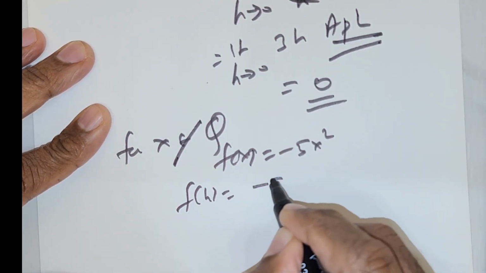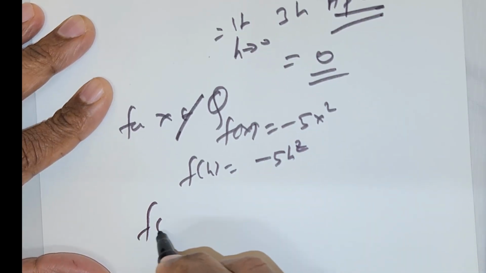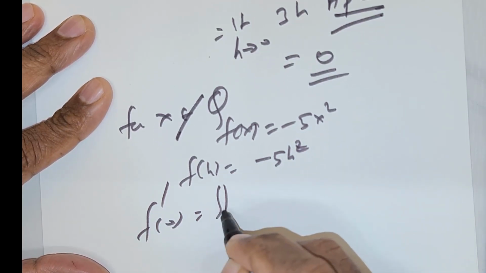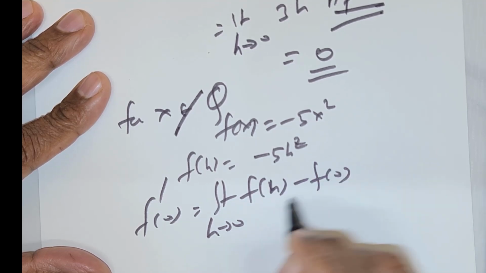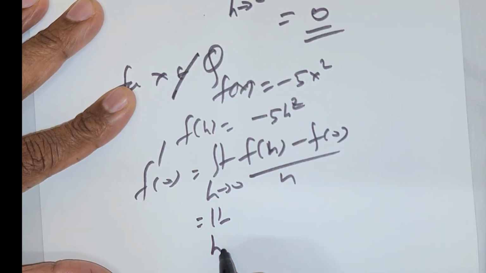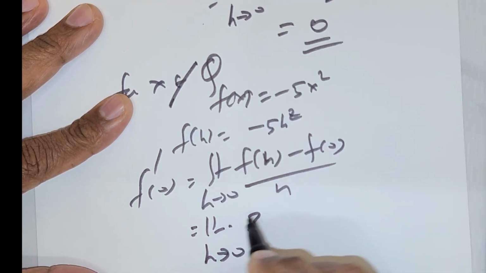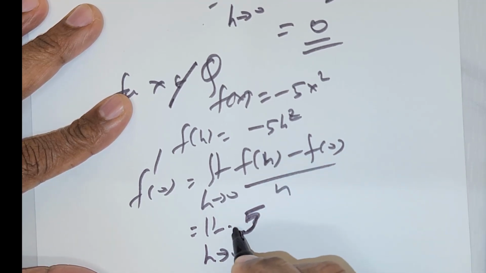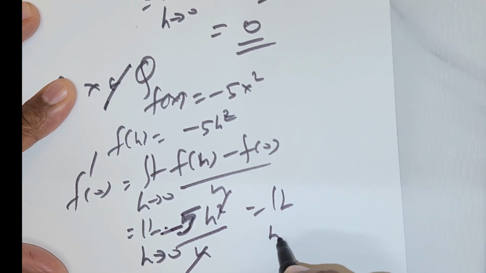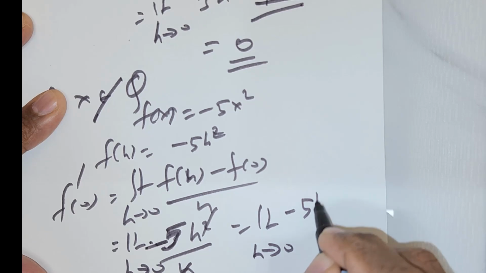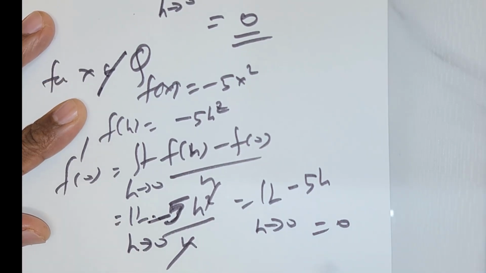So f of h is equal to negative 5h squared. So therefore f dash of 0 is limit h tending to 0 of f of h negative f of 0 divided by h. This is limit h tending to 0 of negative 5h squared over h. H gets cancelled, you get limit h tending to 0 of negative 5h. You apply the limits, you get 0.